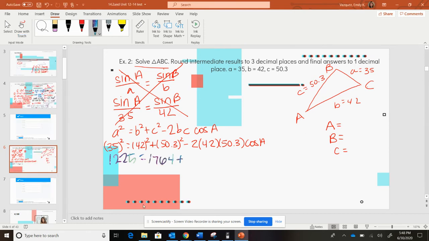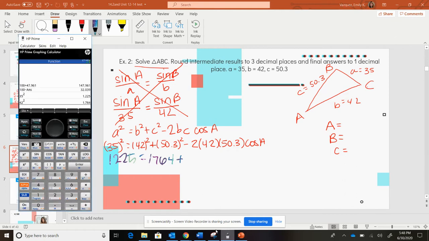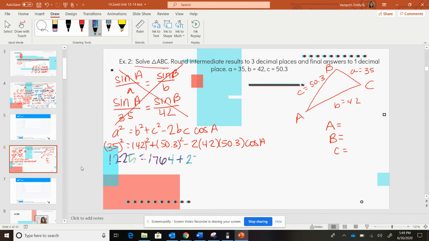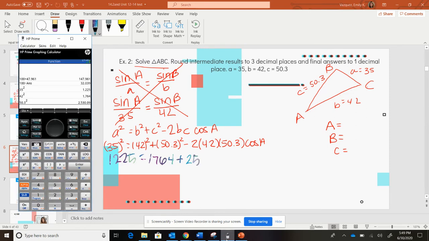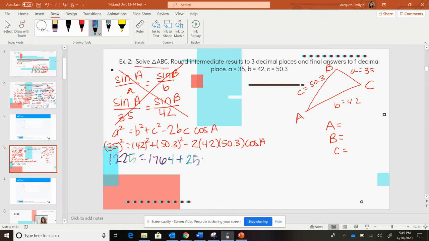Just going really slow. 50.3 squared is 2530.09.